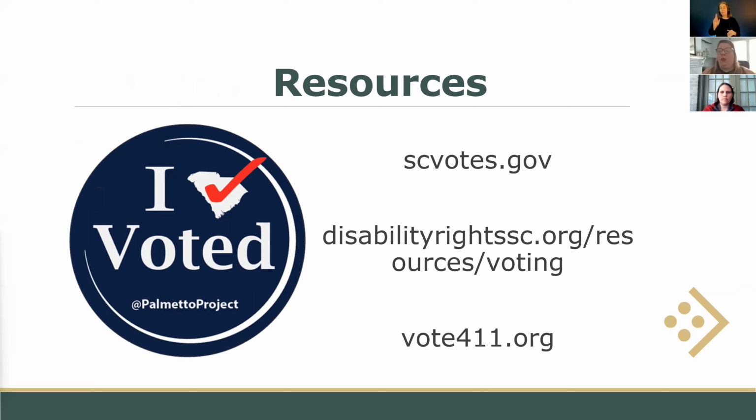Resources. These are my 3 favorite resources for voting in the state. scvotes.gov. That is the state election website. The counties have their own websites and have some particular information, and you can get to those sites through this scvotes.gov website.